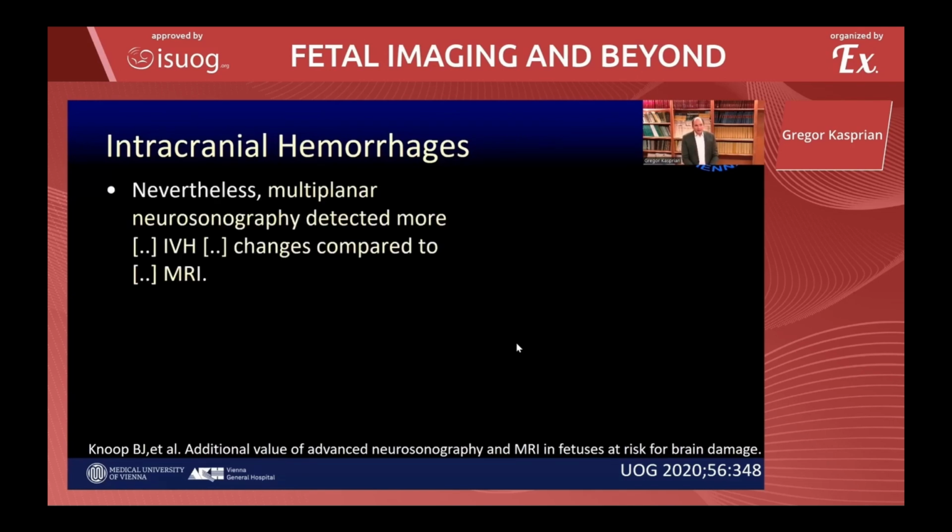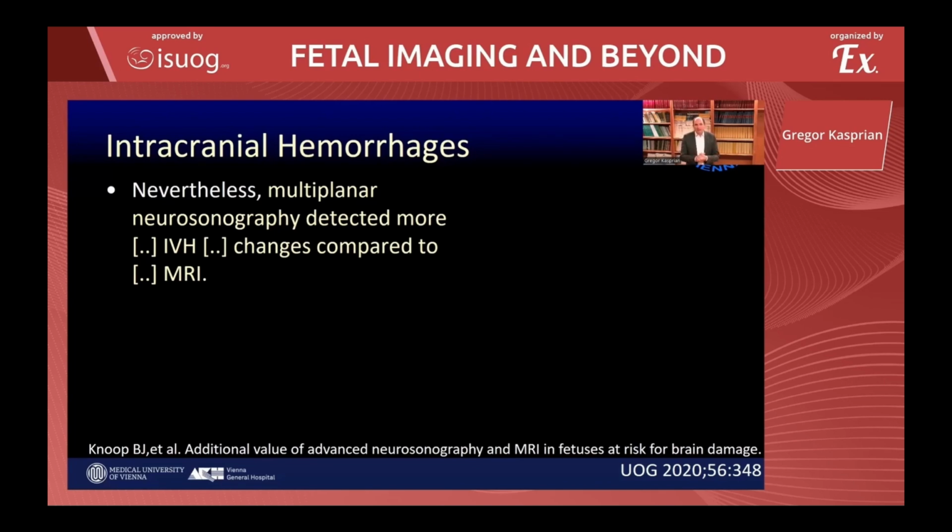Intracranial hemorrhages can usually be detected by ultrasound. A paper was published in 2020 by the group of Amsterdam, saying that neurosonography in good hands is equally sensitive to pick up brain hemorrhages compared to MRI.